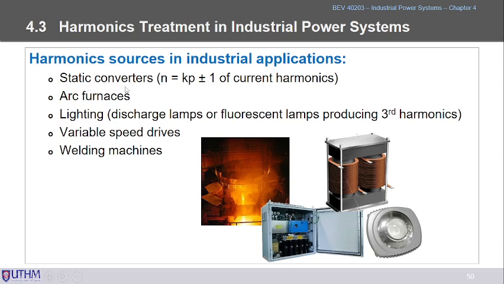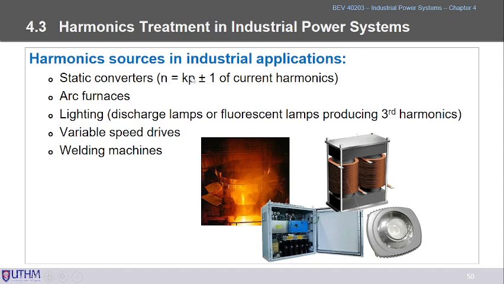So you have the rectifier and the inverter. It depends on your rectifier or inverter, on how many pulses you have. P represents the pulse. Let's say you have a 6 pulse rectifier operating in the IPS. That means this represents the harmonics available.